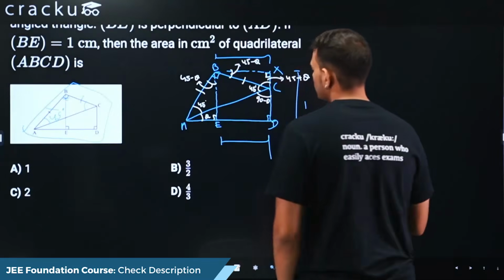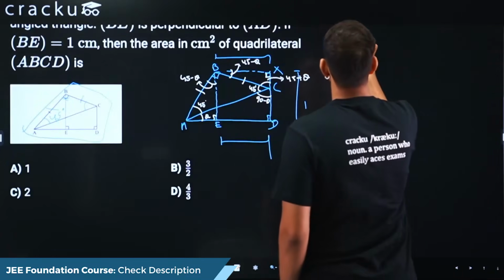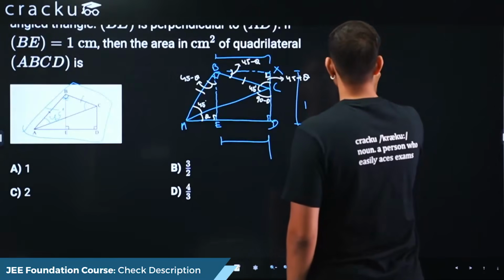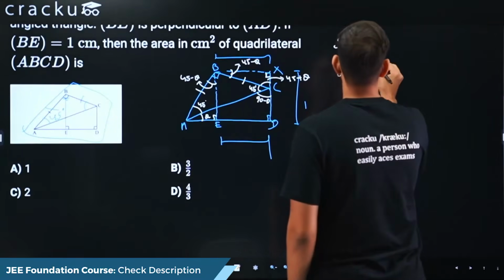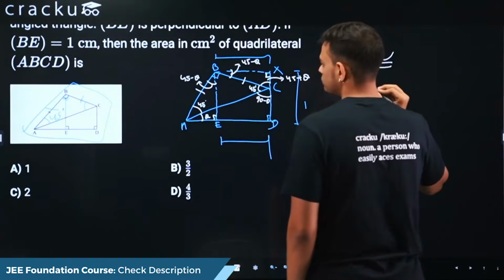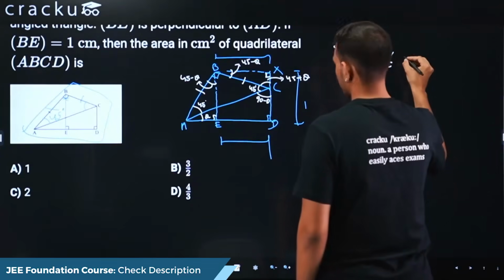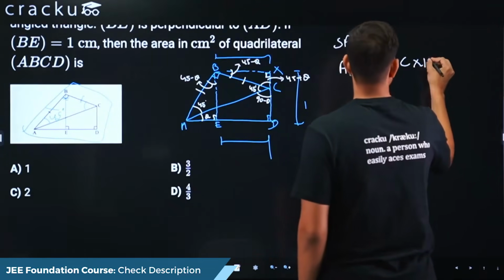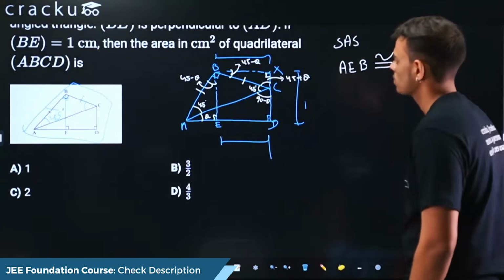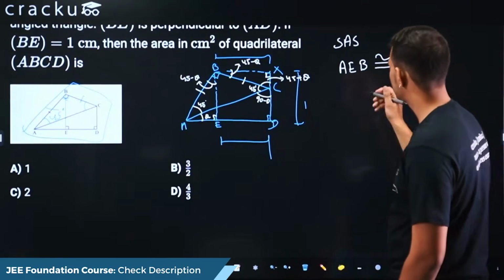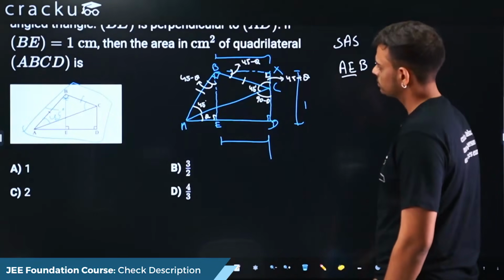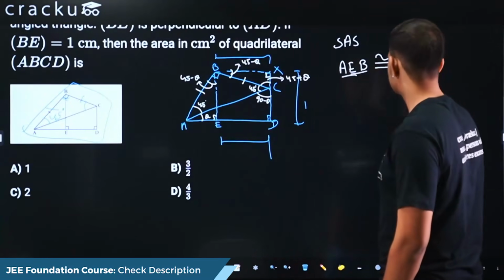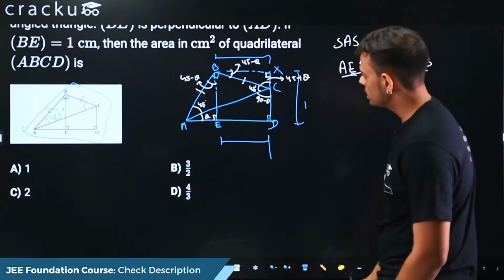From this, I can say that using the SAS congruency test, AEB will be congruent to CXB. This implies that AE equals CX, and EB equals XB.